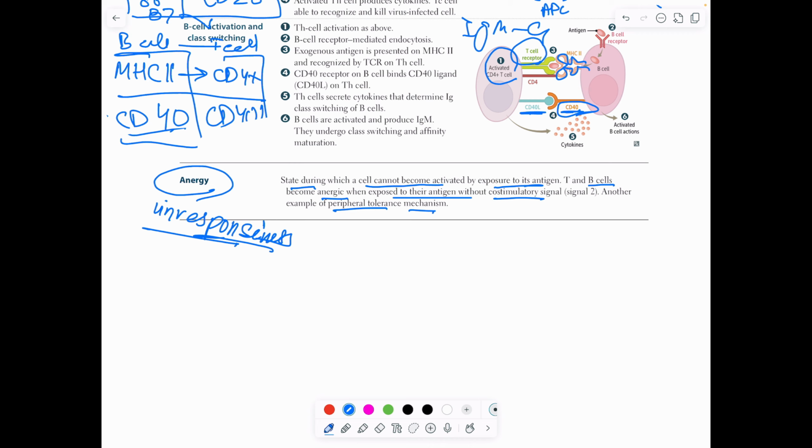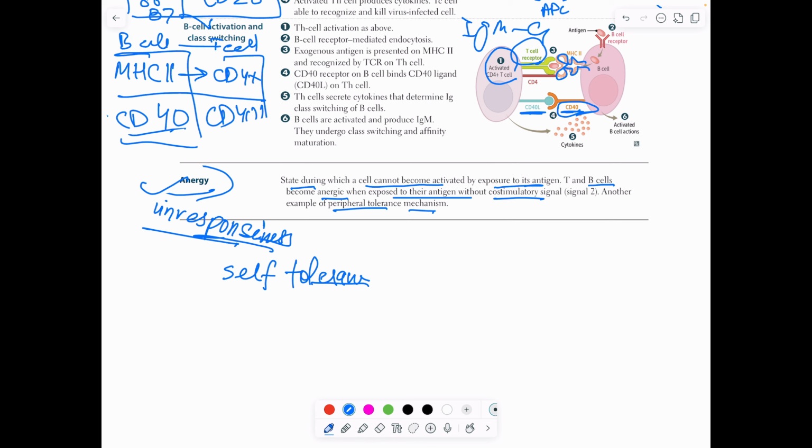And anergy is a critical mechanism for maintaining self-tolerance in the periphery and preventing autoimmune reactions. It is mostly happening for self-tolerance and preventing autoimmune reactions. T cells can become anergic when they encounter antigen without adequate co-stimulation signals from the antigen presenting cell that are necessary for full activation.